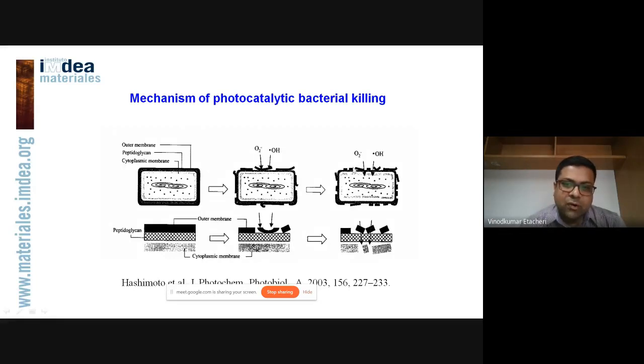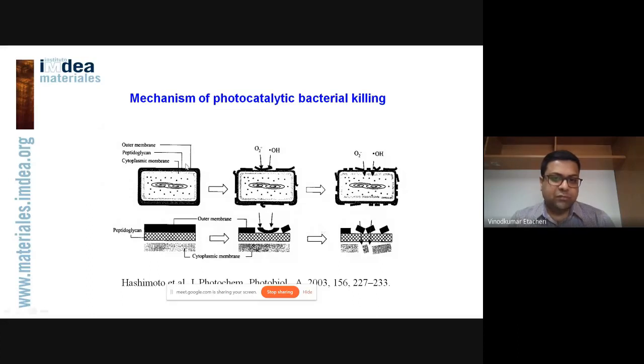Once the cell walls are broken, the organic matter inside can leak, and then finally the cell structure collapses, followed by decomposition of the whole organic matter. The organic matter, including the cell wall, can be decomposed into carbon dioxide, oxygen and different gases.